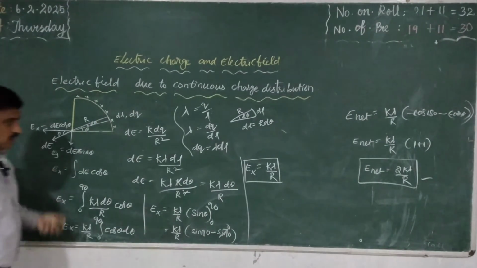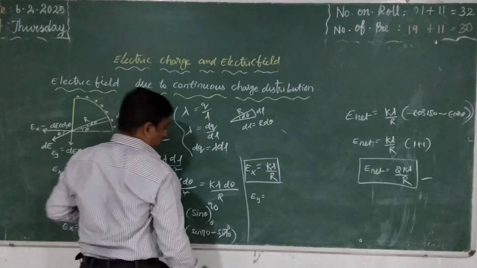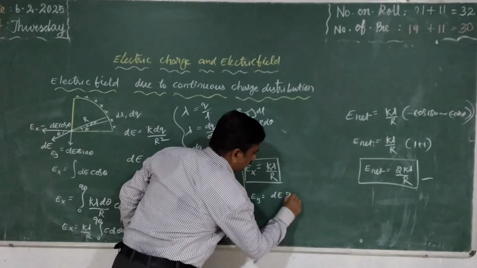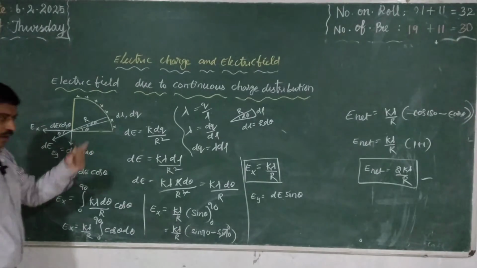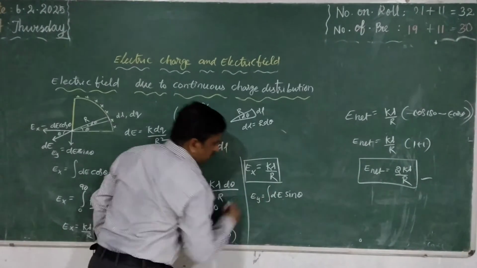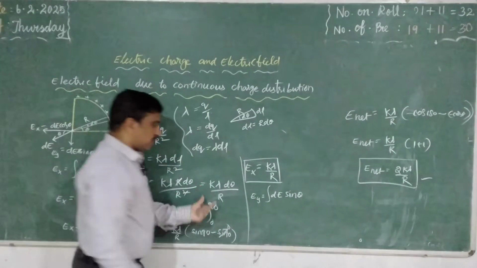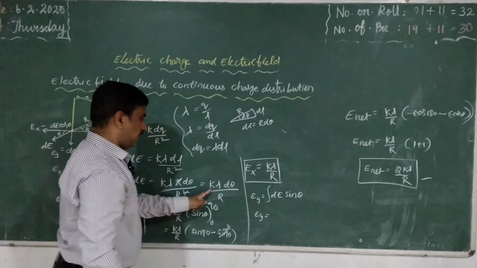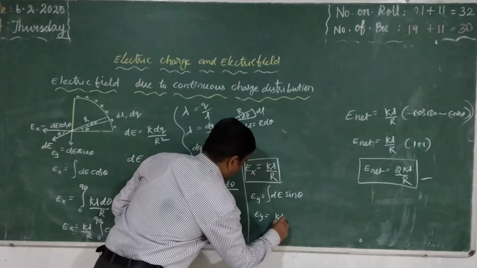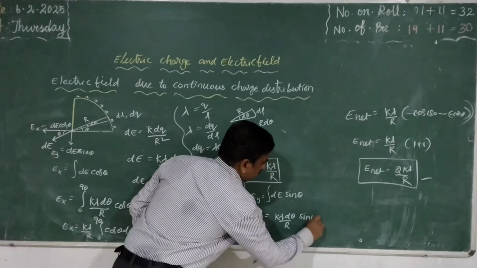Now the y axis, Ey. Ey equal to what? dE sin theta. I write here dE sin theta. We add all of them, so we take the integral of dE sin theta. dE is k lambda d theta by r, interval 0 to 90.